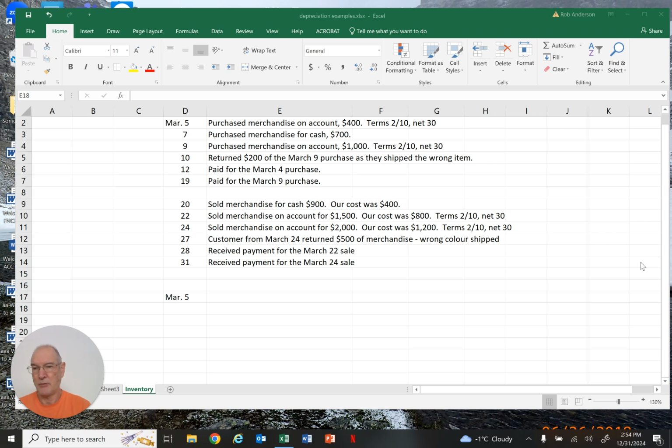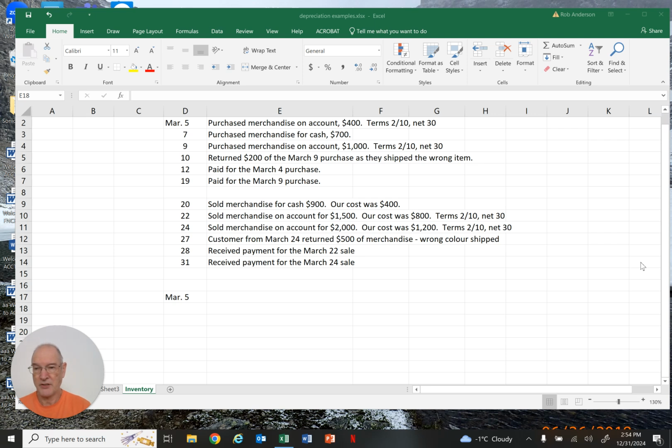So we're going to look at both of those, and I've set these up so that we can do all our accounts payable first and then all our accounts receivable later, just to keep them straight in our mind. Now, one thing to note is we're using the perpetual inventory system.